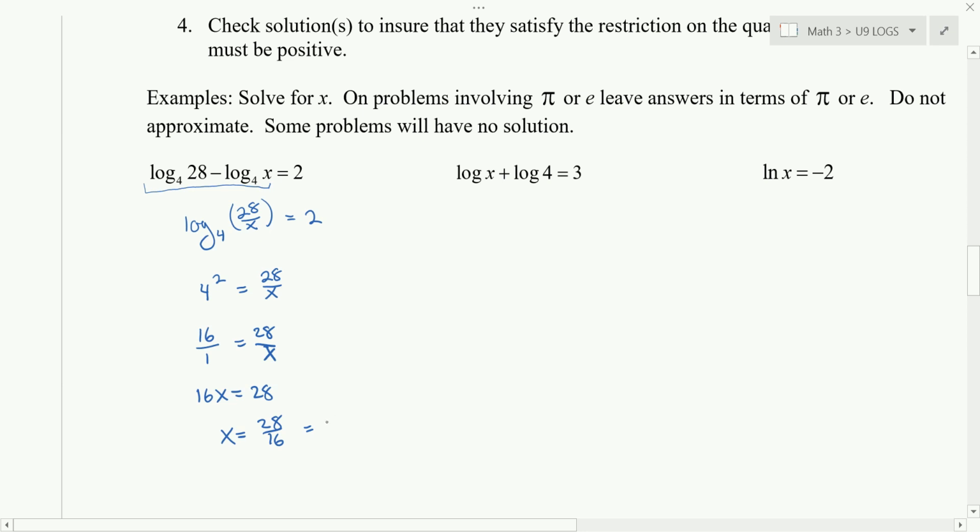Okay, so 4 goes into 28 how many times? 7, and 4 goes into 16 4 times. So 7/4 is as much as we can reduce that down to. And then step 4, just take a quick check. If we plug 7/4 back in for x, will it be positive? Will we be taking the log of a positive number? Yes, we'll be taking the log of 7/4, and that's positive.